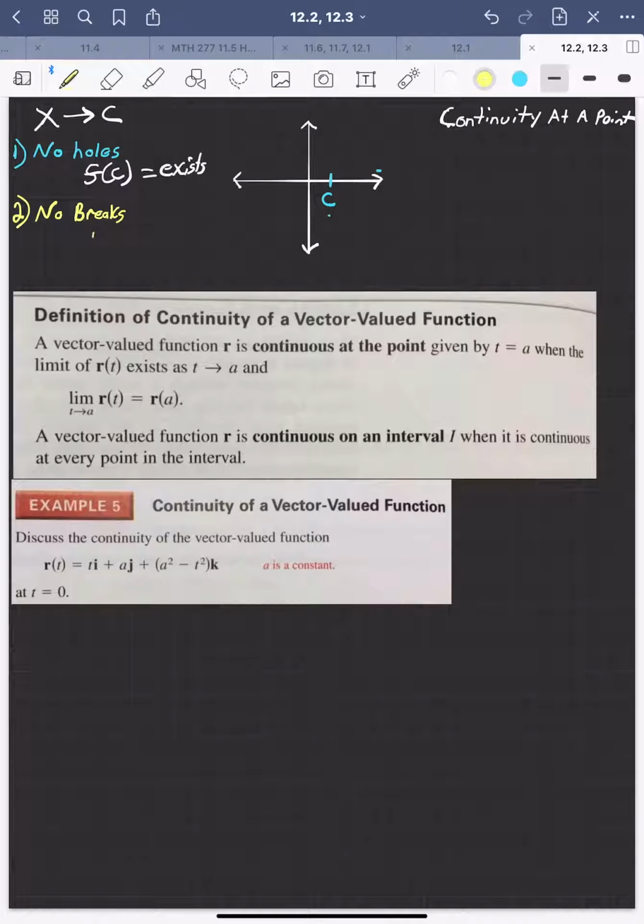So we can say that the limit as x approaches c exists.